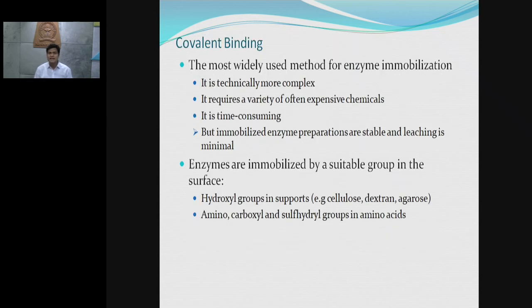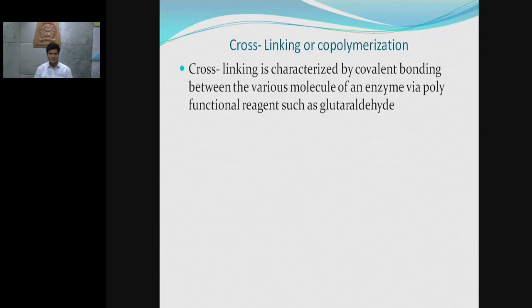Covalent binding is technically more complex and requires a variety of very expensive chemicals. Of course it is time consuming, but these immobilized enzyme preparations are stable and leaching is very minimal. Many enzymes are immobilized by suitable groups on the surface. These are the hydroxyl, amino, carboxyl and sulfhydryl groups of the amino acids.